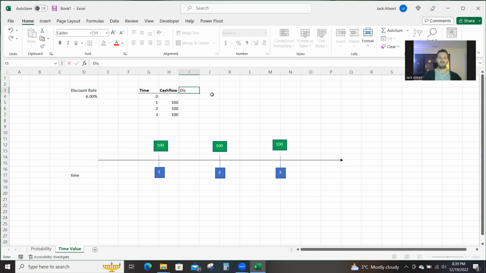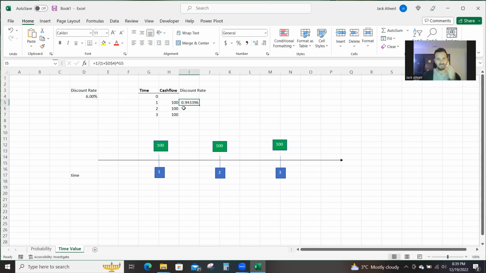So we can come up with a discount rate, where we are doing 1 divided by 1 plus this discount rate to the time.